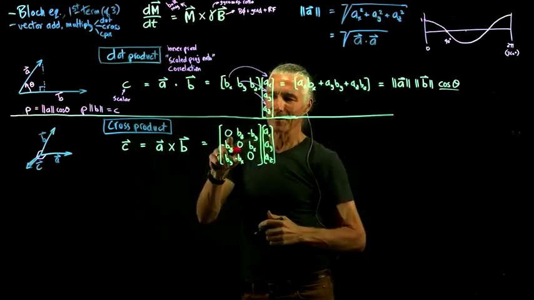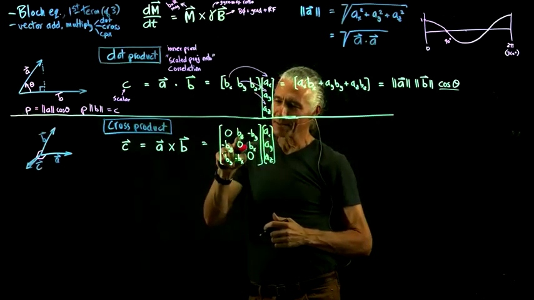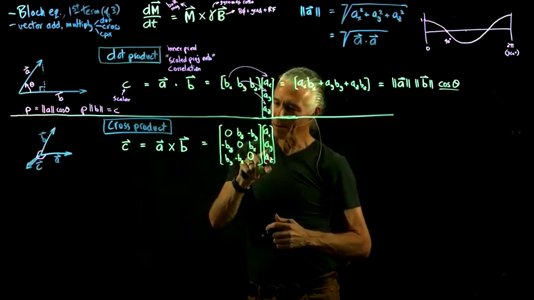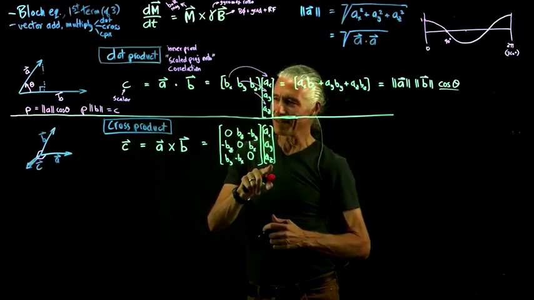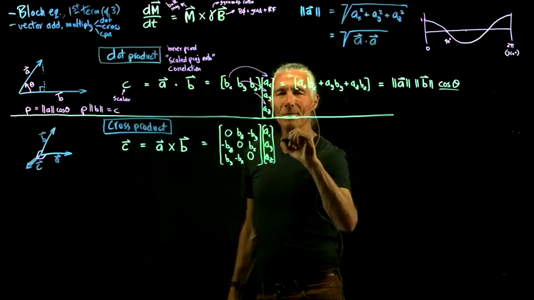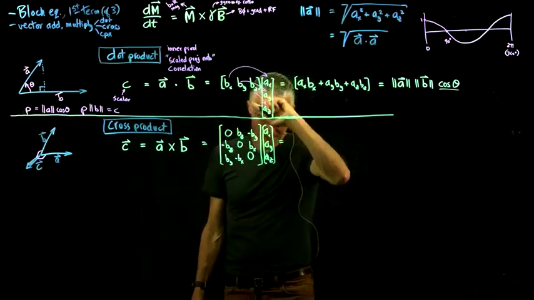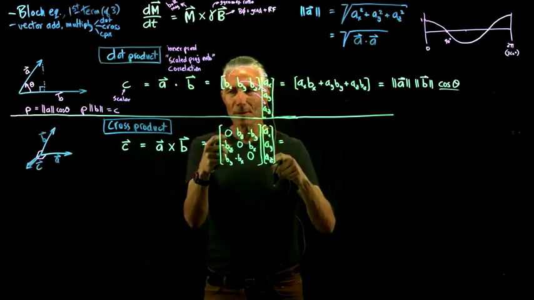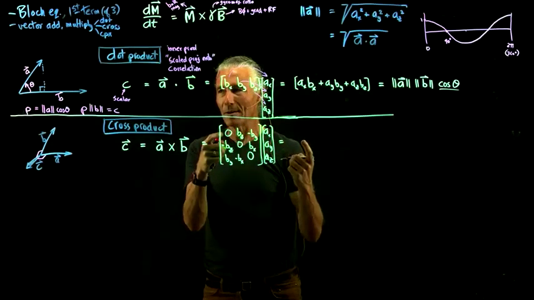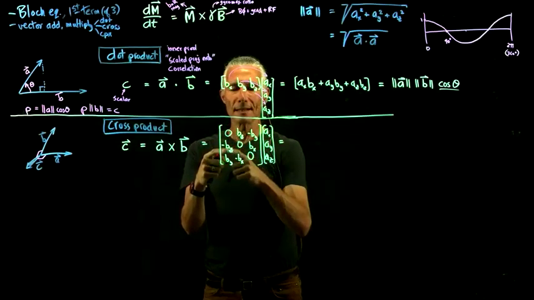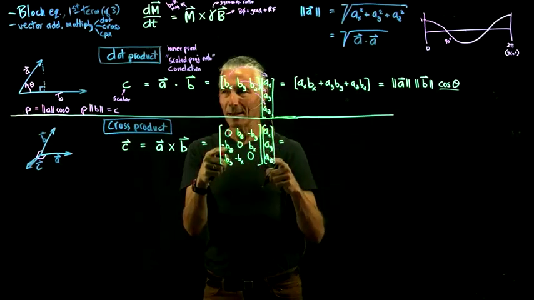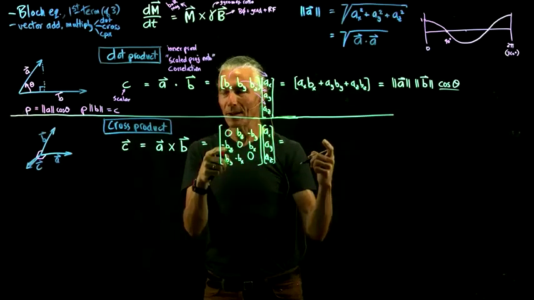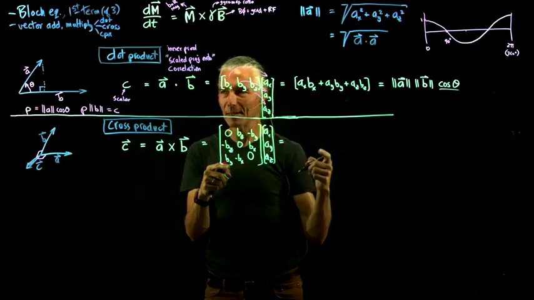So that's going to be 0 times ax plus bz times ay plus minus by times az. So that's the first multiplication, which gives us one number, which is going to be the x component of the output. And then the second multiplication will be this row times those guys again, added up. And that will be the second number, the y component, and then this last one will be the z component.